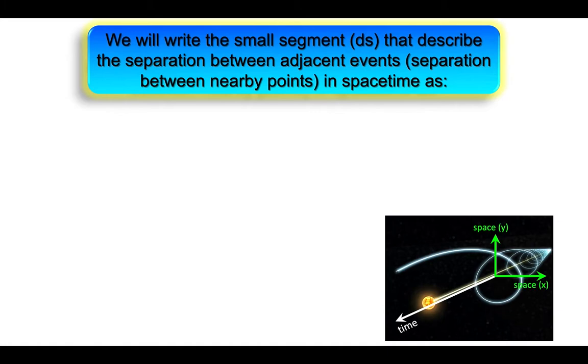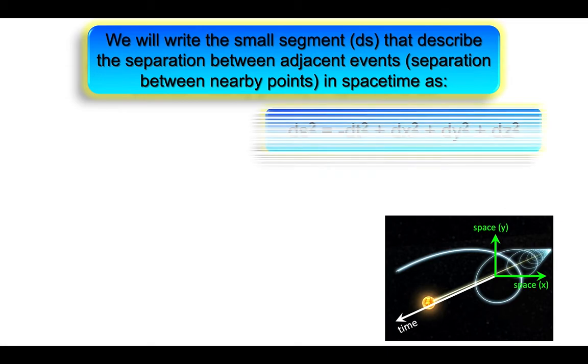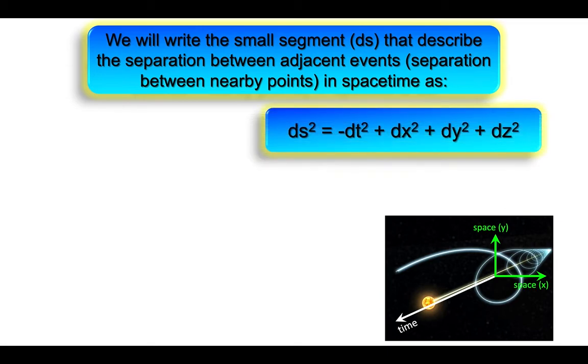So if I want to write what is the separation between events in space-time, I will write it to look something like this, where ds squared is negative dt squared plus dx squared plus dy squared plus dz squared.